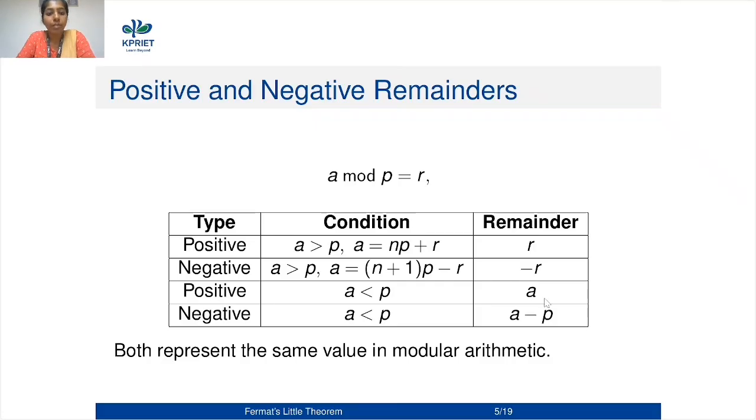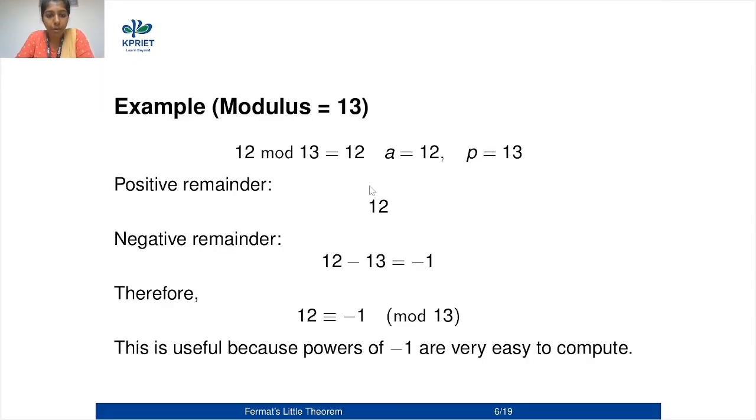If I want a negative remainder, according to this formula, the remainder is a minus p. So I want a positive remainder, and according to the formula, the remainder is 12. If I want a negative remainder, the formula is a minus p, and 12 minus 13 is minus 1.